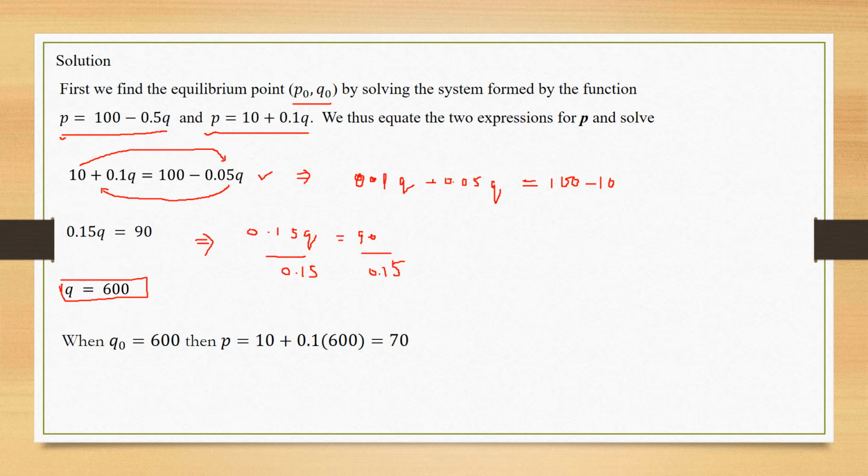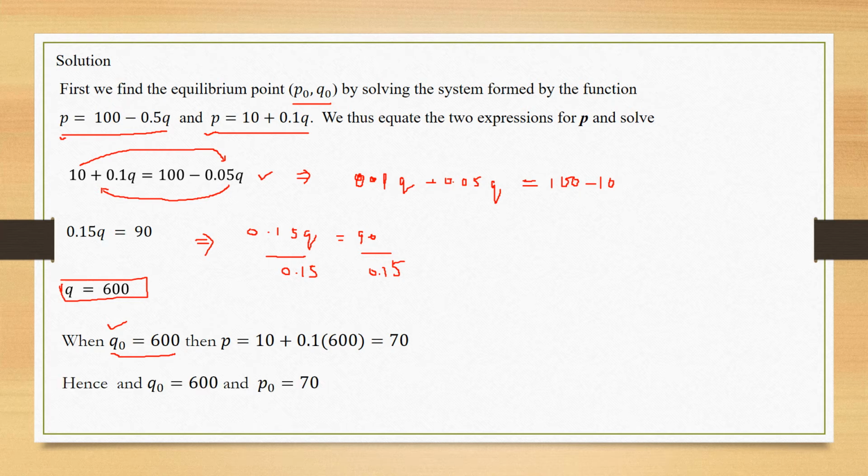This value of Q we represent by Q naught, so Q naught is equal to 600. Remember that we need to find the equilibrium point. For this Q = 600, we need to find the value of P, so put the value of Q in equation 1 or equation 2.